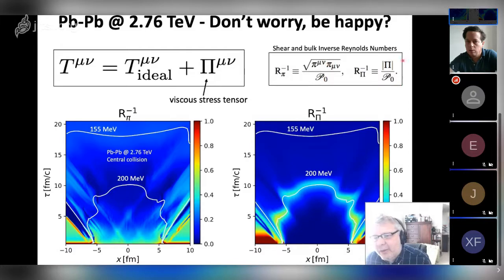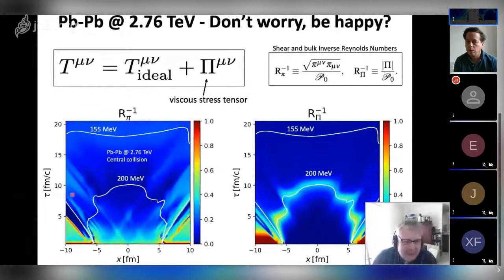And likewise for the inverse bulk Reynolds number, in this case it's just a scalar for the bulk viscosity, and then you have to scale that by the isotropic pressure to know how big it is, because that's what it's correcting. So you can go back into these pretty pictures that I showed you on the last two slides and try to extract some information about how well this is working by looking at the magnitude of the inverse Reynolds number.